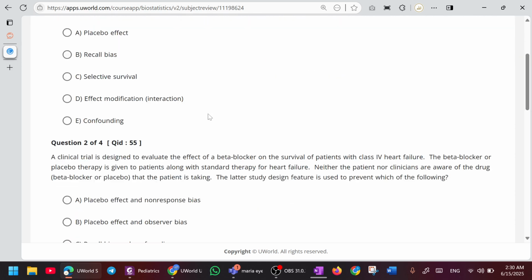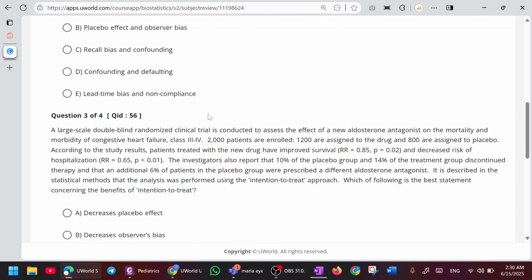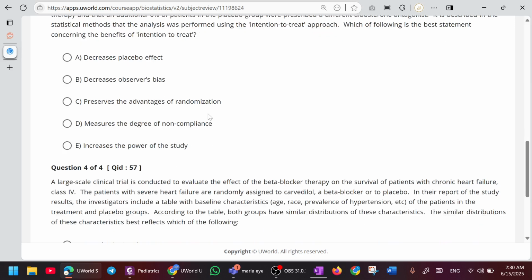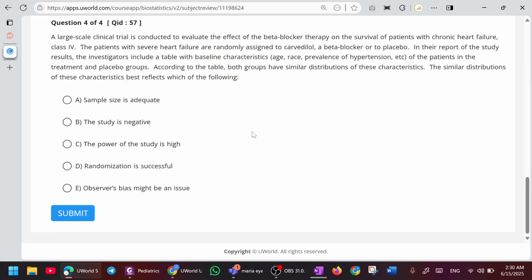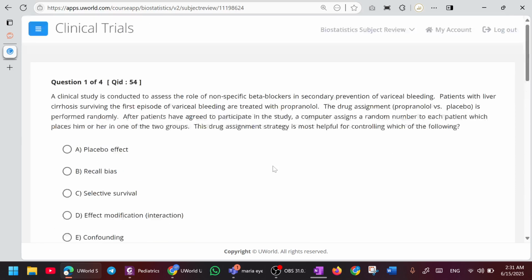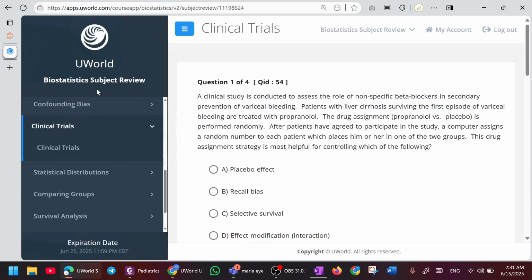I think we did confounding last time. Let me look. Yes, we did confounding. So it's clinical trials.